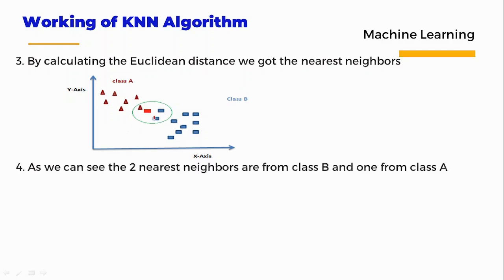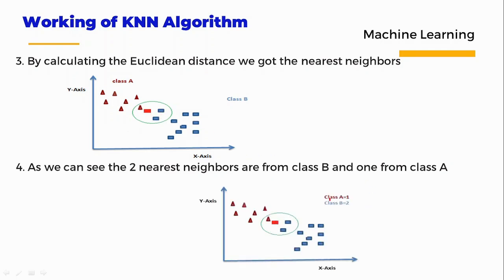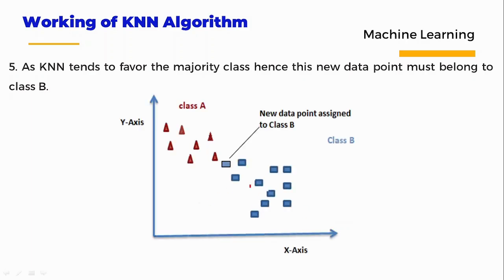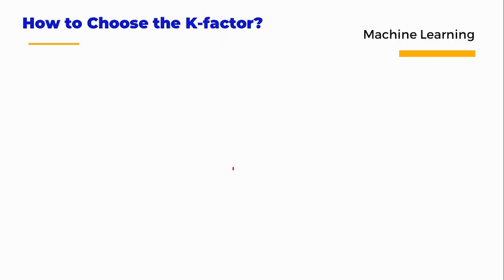As we can see, the two nearest neighbors are from class B and one is from class A. The red point is from class A and the two blue points are from class B. Now, as KNN tends to favor the majority class, our new data point must belong to class B, because from class B we have two of the points. That's why it belongs to class B. So this is how our KNN algorithm works.